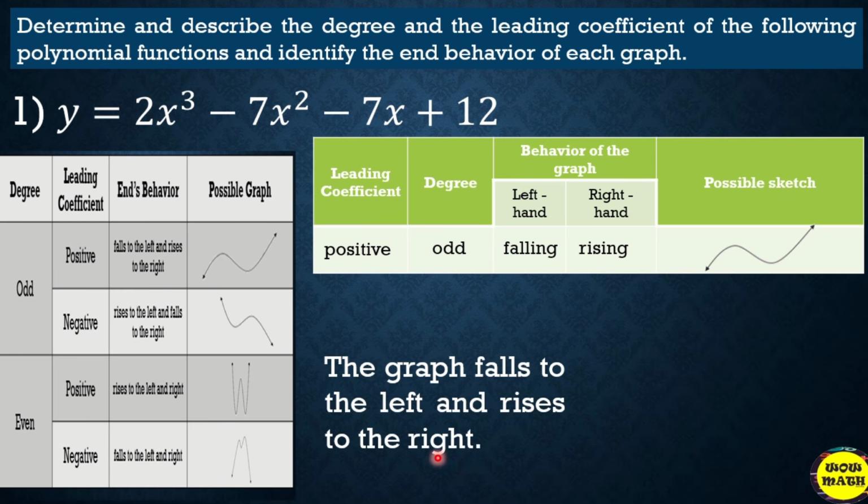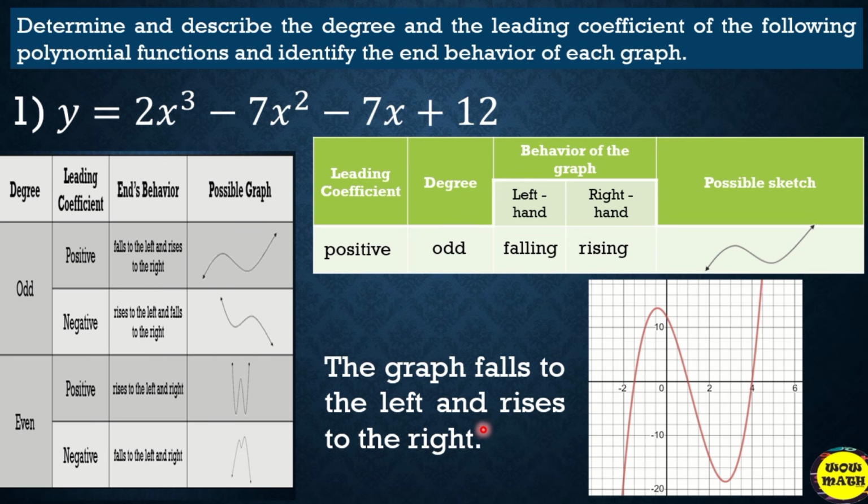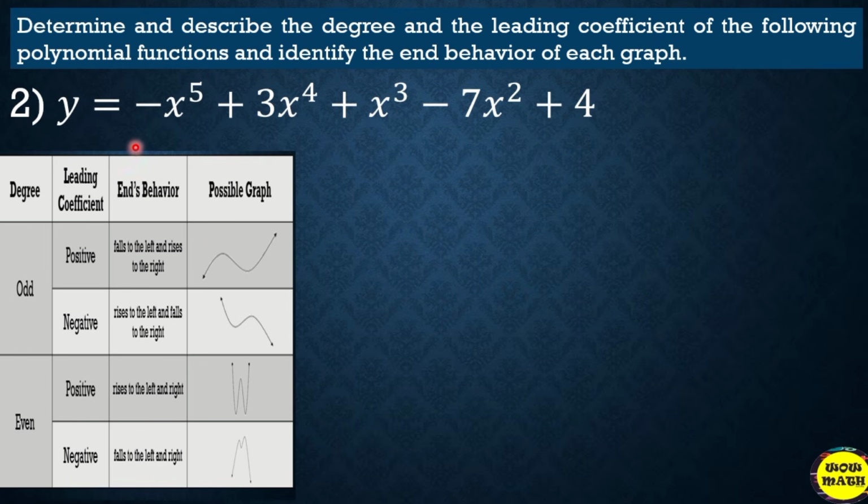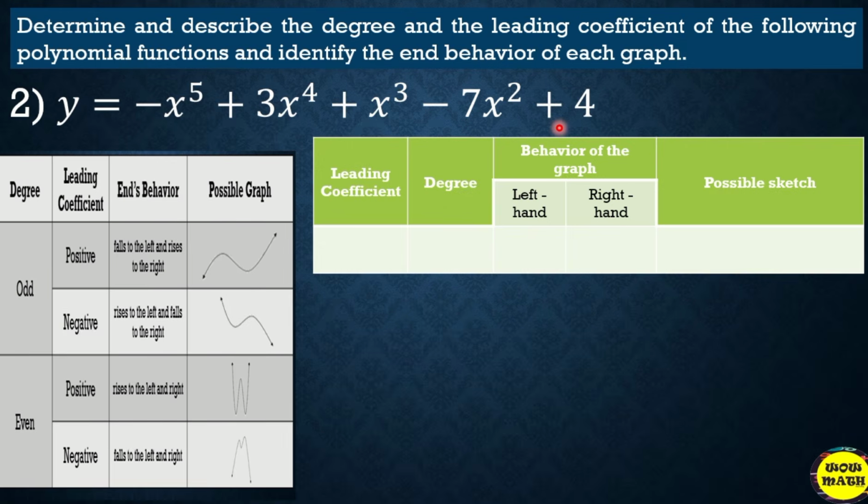So, kapag graph natin itong polynomial function, ito yung actual graph niya. Okay, so makikita natin, no? Pababa dito sa left side at dito sa right side, pataas. Next. Okay, if we have y is equal to negative x to the 5th power plus 3x to the 4th power plus x cubed minus 7x squared plus 4, ano yung leading coefficient natin dito?